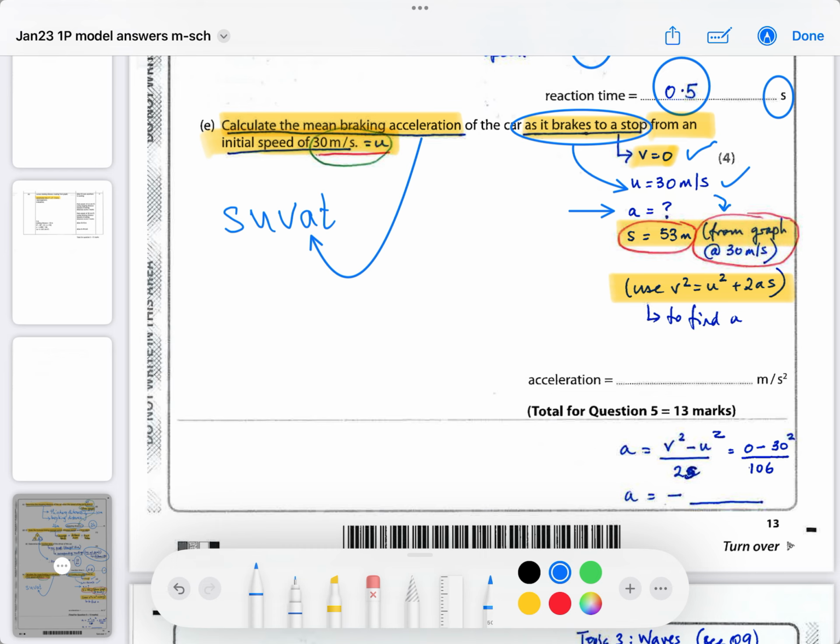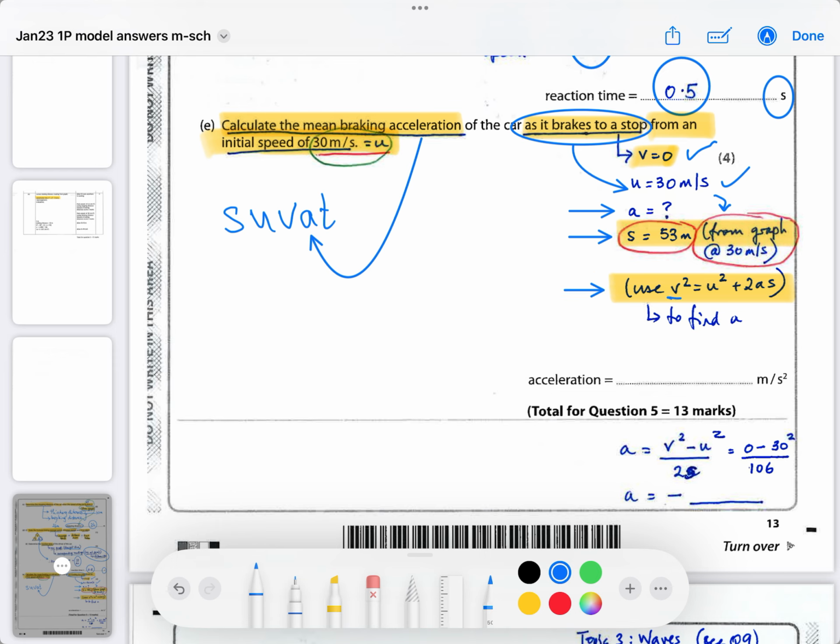Once you look at the curved graph at 30 meters per second, you should be able to work out that the distance traveled for a car going at 30 meters per second while it's braking will be 53 meters.